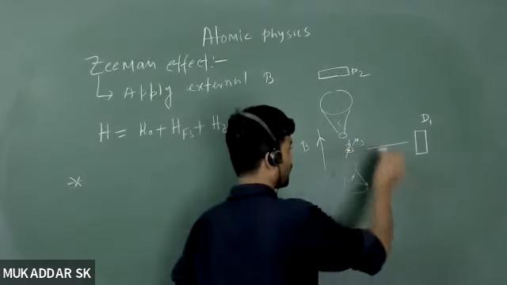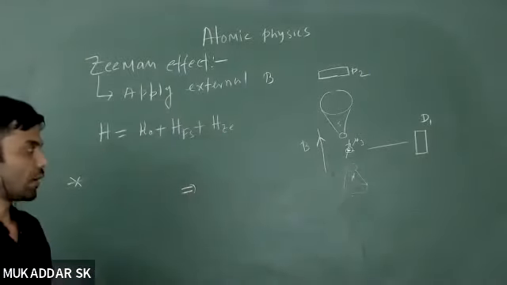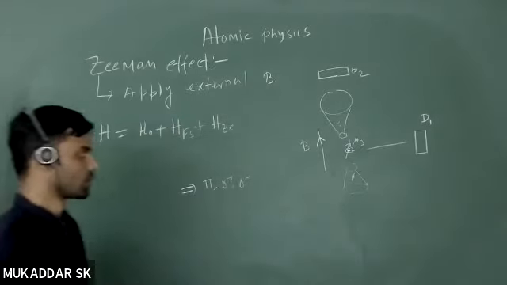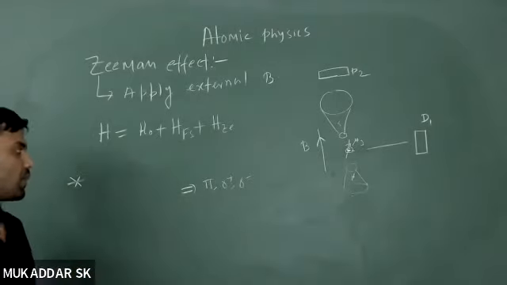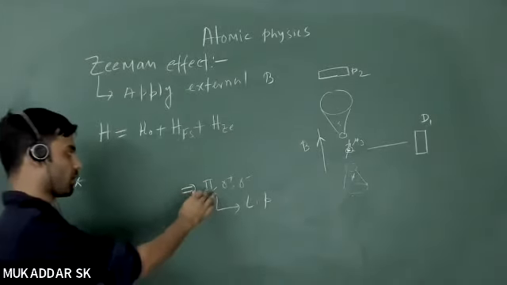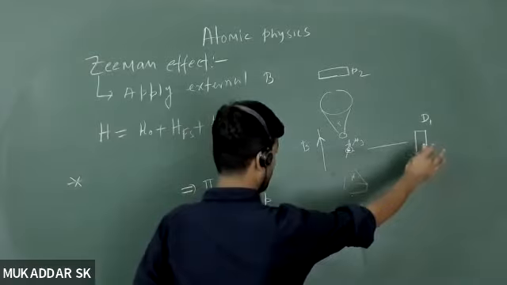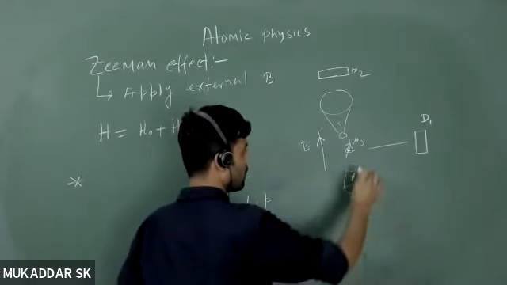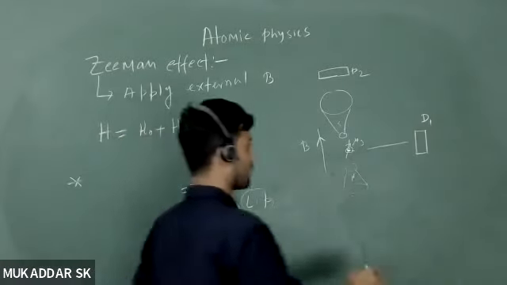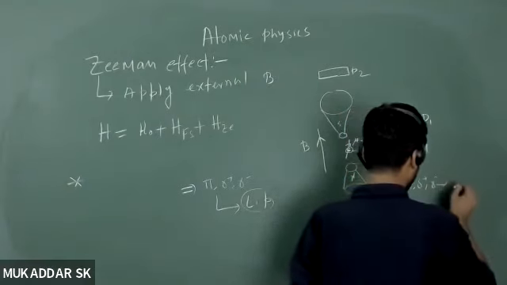If you see this photon perpendicular to the applied magnetic field, you will get three types of component: pi, sigma plus, sigma minus. All are linearly polarized. I will tell you later what the pi, sigma plus and sigma minus components are. But if you observe the emitted photon due to that transition perpendicular to the applied magnetic field, you will get three types of photon and all are linearly polarized.